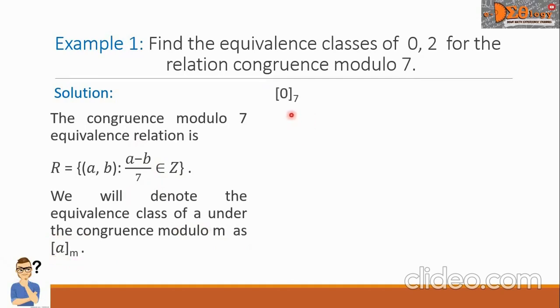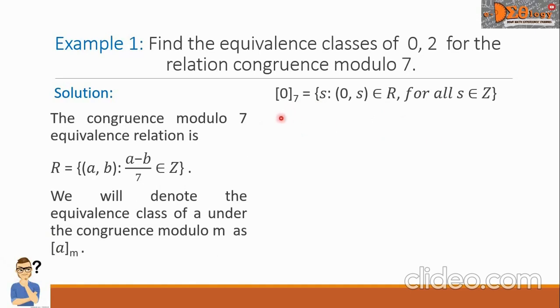Let us now define the equivalence class of 0 for the relation congruence modulo 7. As defined, the elements are s such that the ordered pair (0, s) is an element of R, for all s an element of Z, the integers.